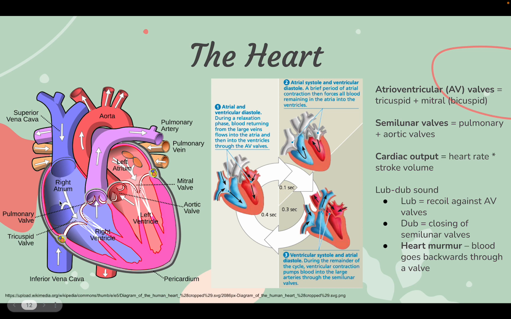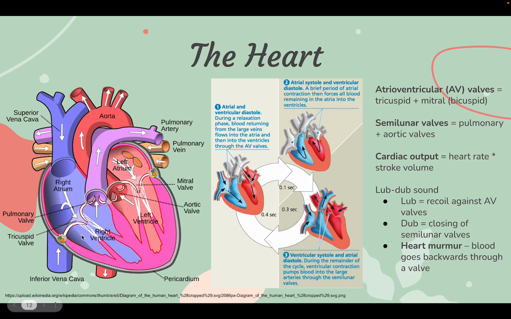And then we also have a pulmonary valve here and an aortic valve here. As general names for these valves, these two are called atrioventricular valves because they're in between the atria and the ventricles. And then these are called semilunar valves, I believe, for their shape.